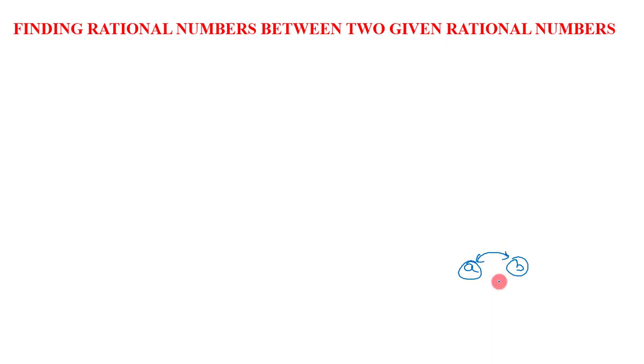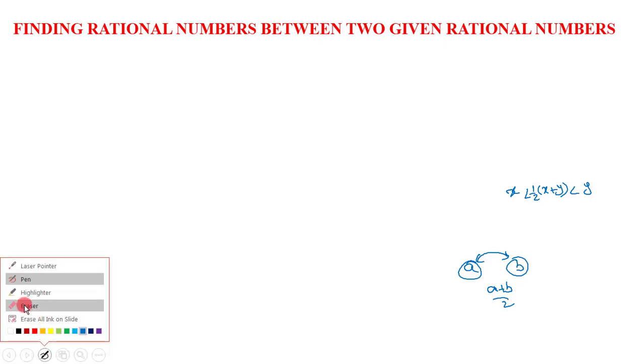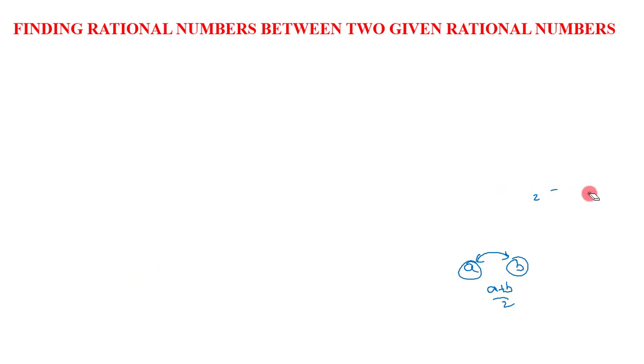In that, one rational number is A plus B by 2. In the same manner, if X and Y are two rational numbers, then a rational number which lies between these two is half of X plus Y. So by using this concept, we can find a rational number between two given rational numbers. Let us see that concept.